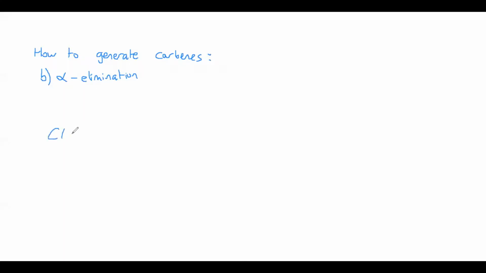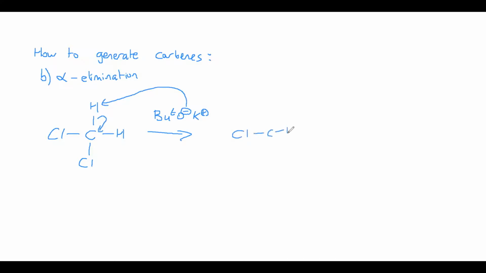So if we look at an actual example of this, we can have a molecule like the following, where here we have 2 hydrogens and we have 2 leaving groups, we have 2 chlorines. If we treat this with a strong base, such as potassium tert-butoxide, we can deprotonate this carbon, forming our carbanion, where we have a negative charge now on our carbon.